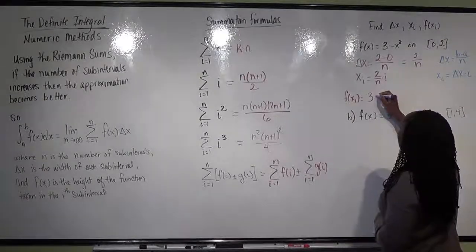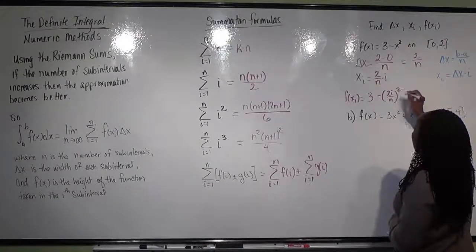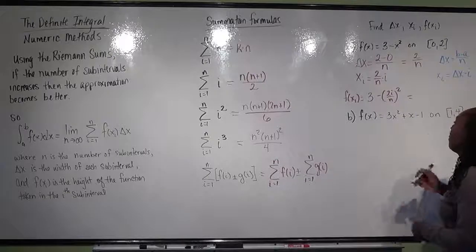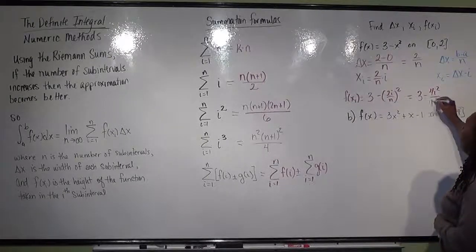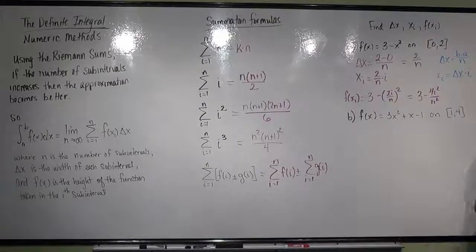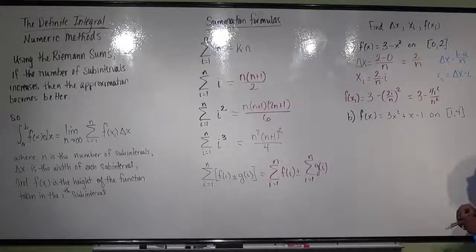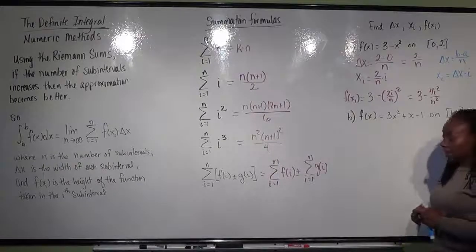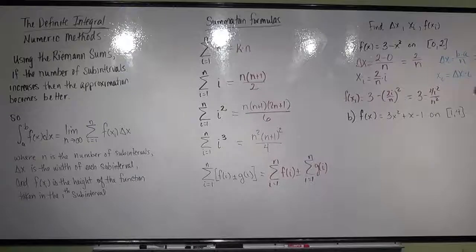So here this is going to be 3 minus (2i over n) quantity squared, or I can simplify that to 3 minus 4i squared over n squared. There's my f of x sub i. And again, all I'm doing there is I'm taking the value that I found here and plugging it into my function. Okay? So if my interval starts at 0, I can use this information here.